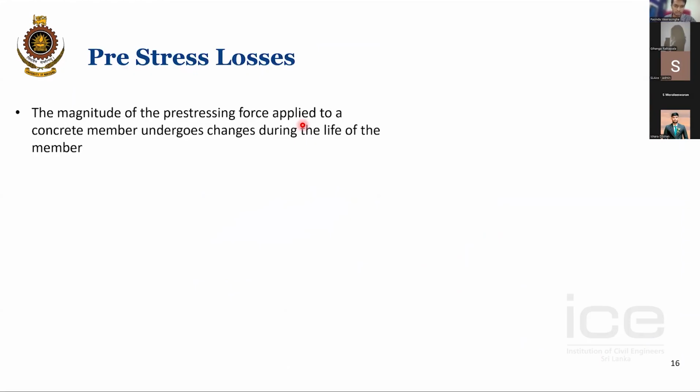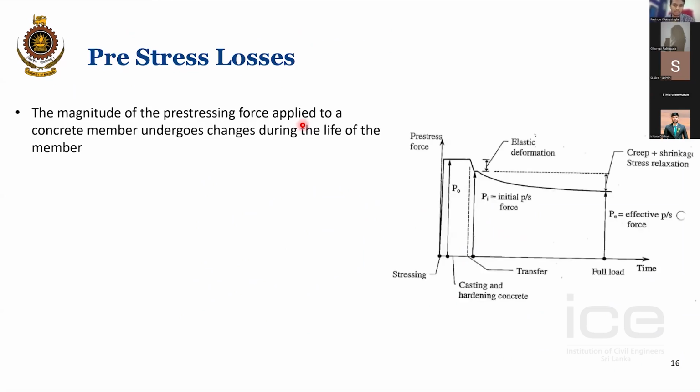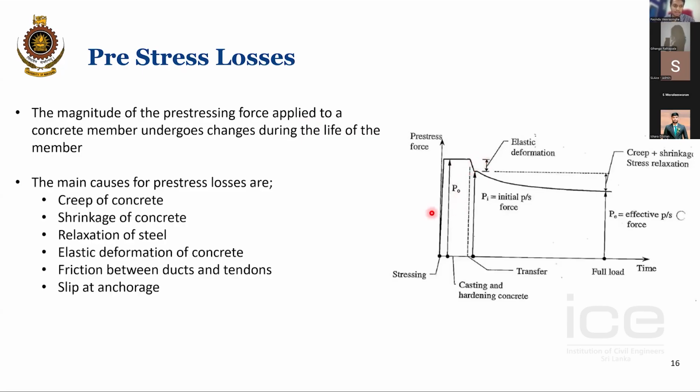Now, the magnitude of the pre-stress applied to a concrete member undergoes changes during the lifetime of the member. Initially you may apply a pre-stress of P naught, but with time it is reduced due to elastic deformation, slipping or degradation, things like that. That initial loss from the initial jacking force to the transfer force is called the short-term pre-stress losses.